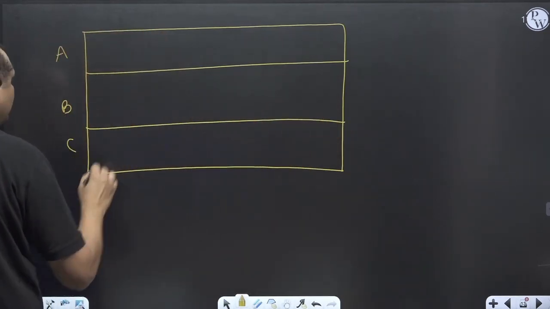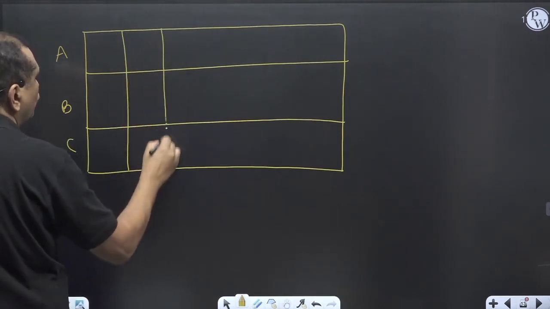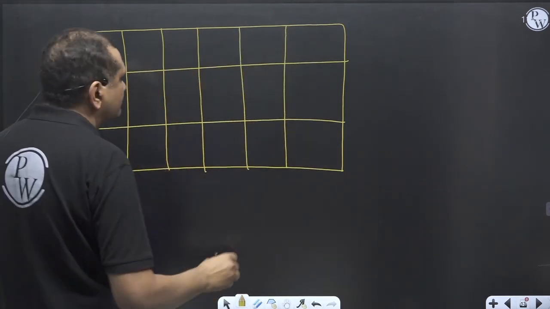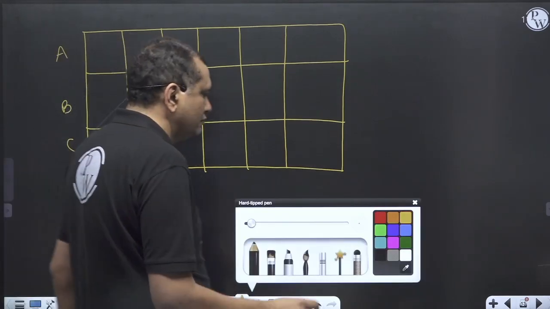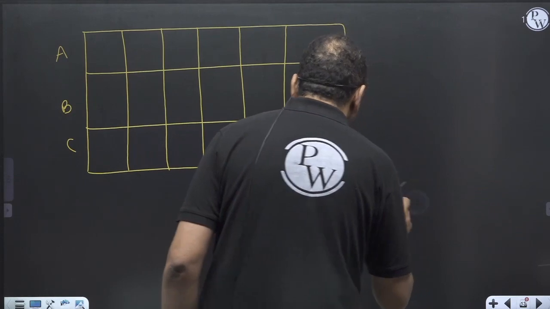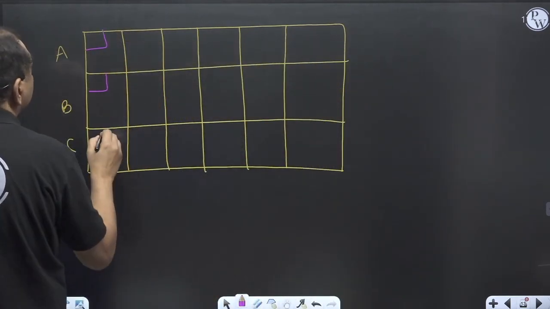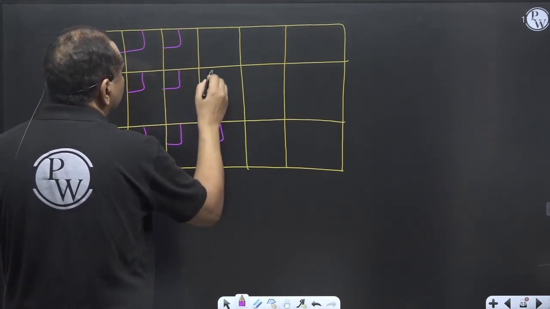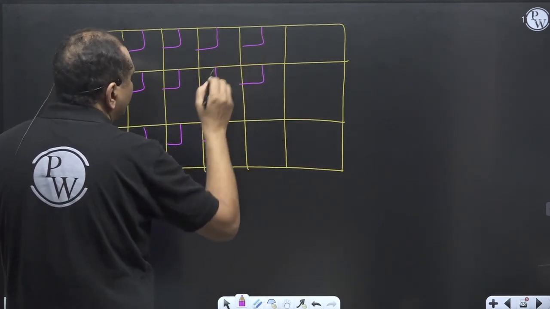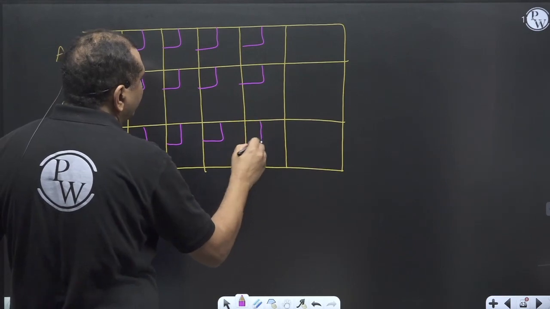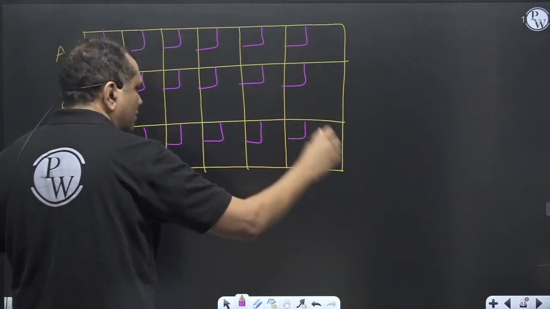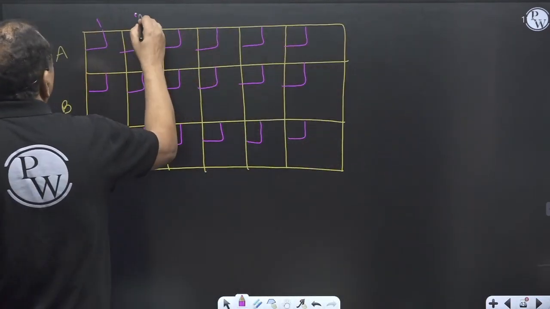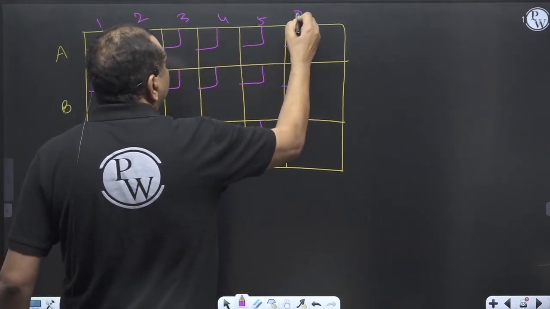A, B, C. I am not discussing too many repeat questions. I am discussing only variety. 1, 2, 3, 4, 5, and this is a dummy.